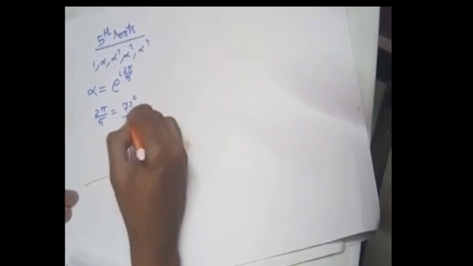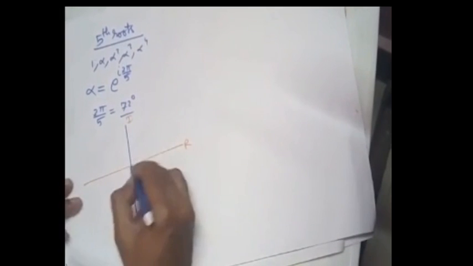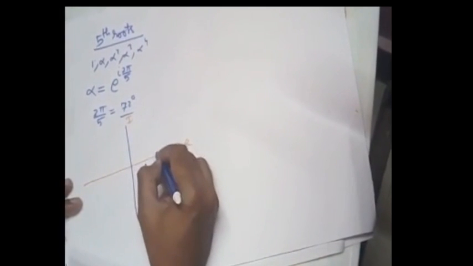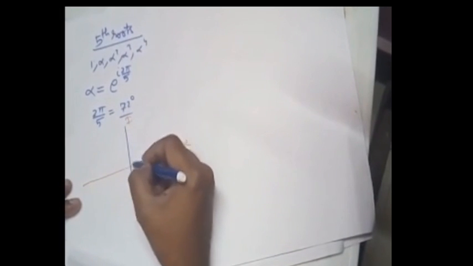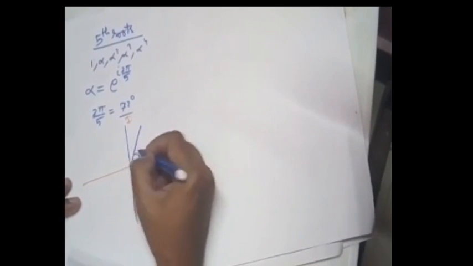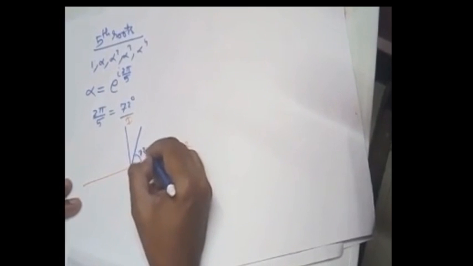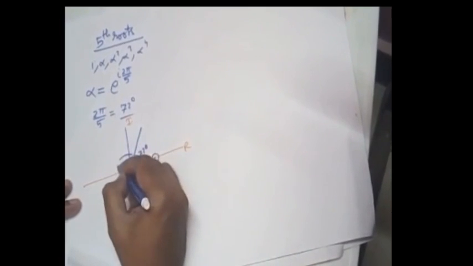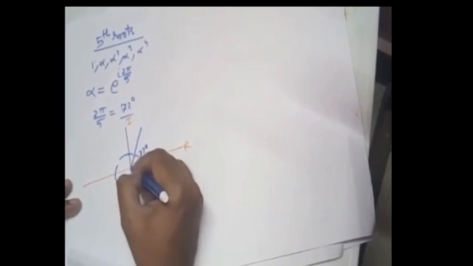Then if we want to represent these 5 values in the Argand plane, again we will make one real axis and imaginary axis. The radius is 1. The first value is 1. Alpha will be at 72 degrees, and then the next at 144 and so on.